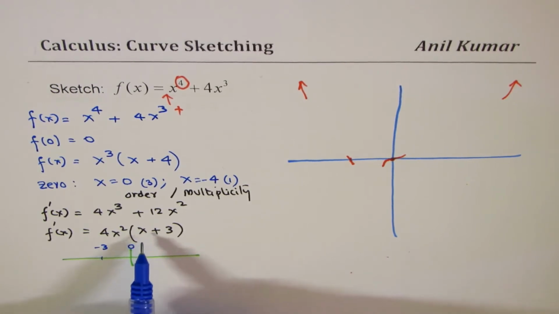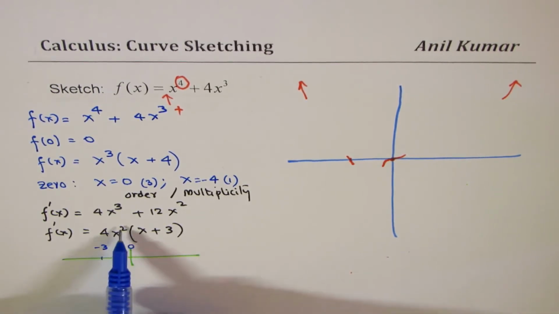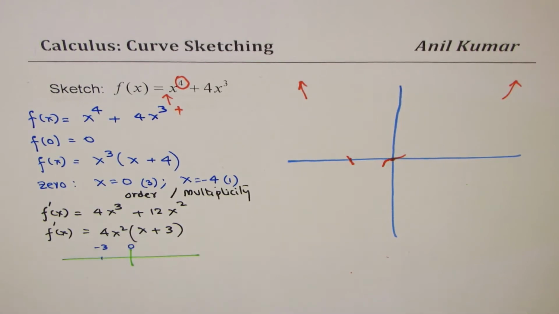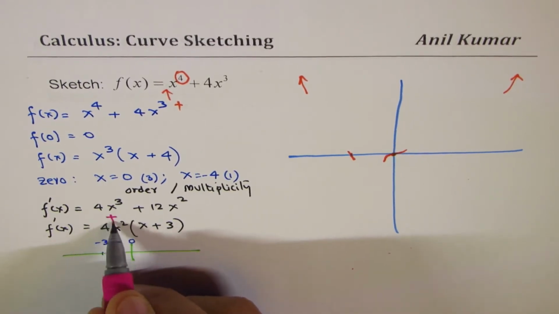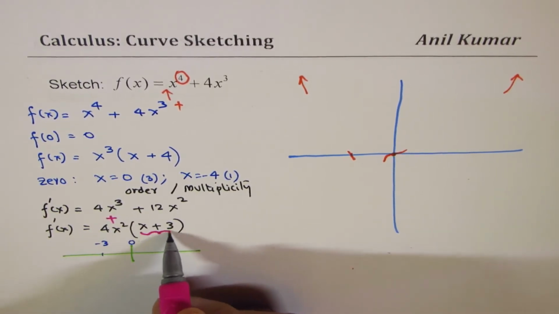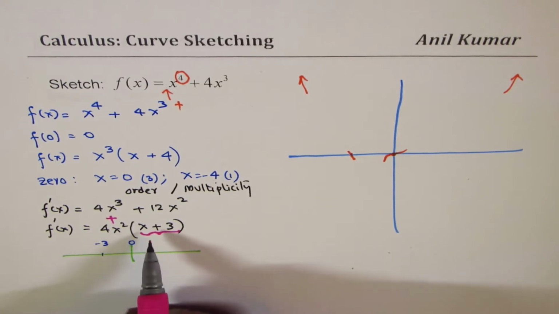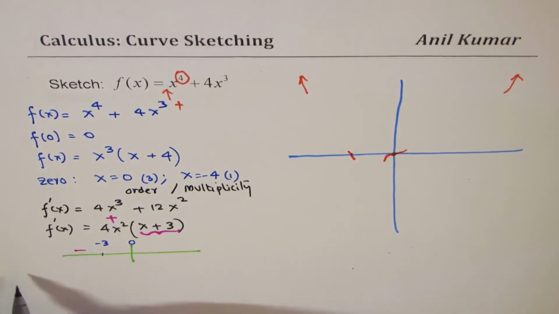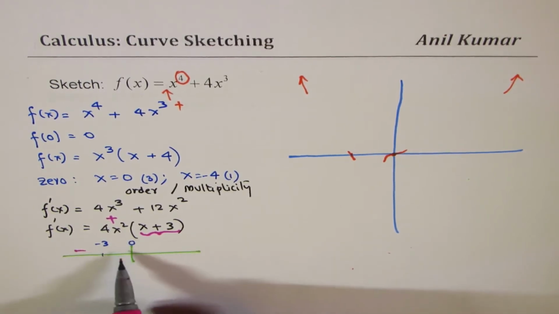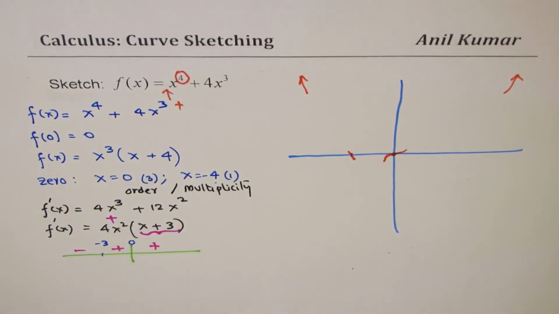We know x squared is always positive, right? So we know this part is always positive. So basically we are looking for the sign of x plus 3. If I have a number which is more negative than minus 3, I get negative. But if it is on the right side of minus 3, I get positive.